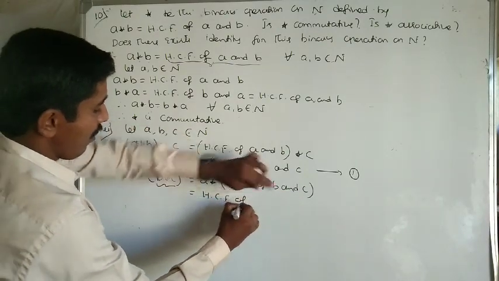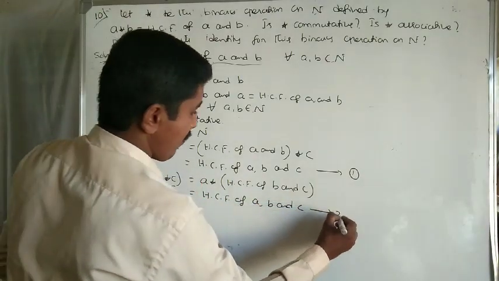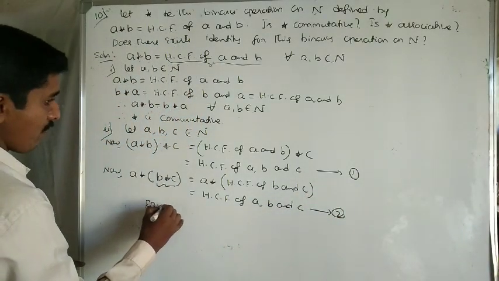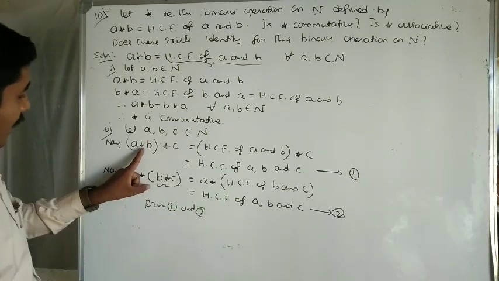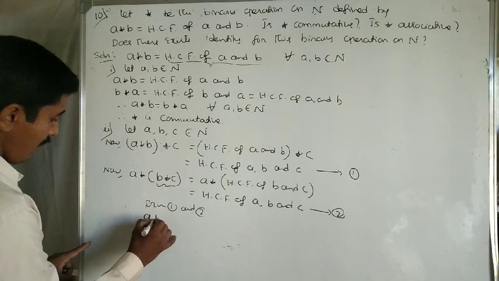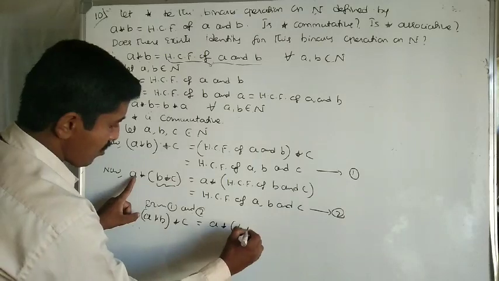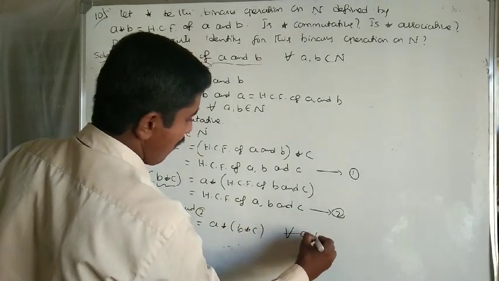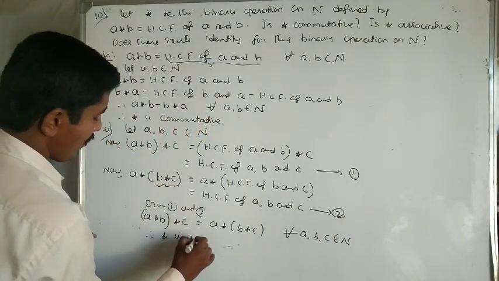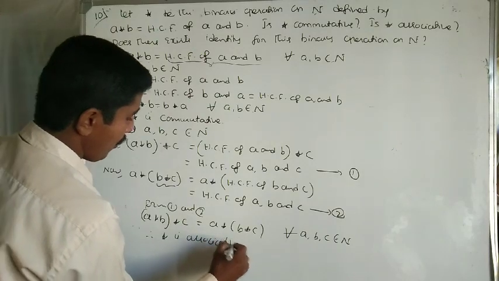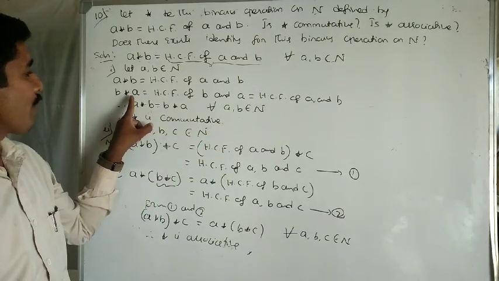Call it equation 2. From equations 1 and 2, both are equal, therefore LHS equals RHS: (a star b) star c equals a star (b star c) for all a, b, c belonging to N. Therefore, star is associative.